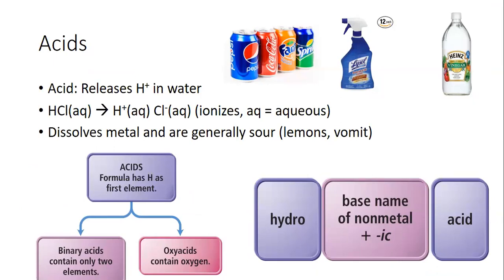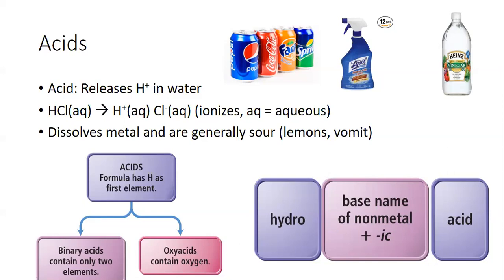Technically, you never release just an H plus, but that's more for later on in the semester, or Gen Chem 2. I'm not quite sure when we get to that. HCl is a very strong acid. It breaks down into H plus and Cl minus. That is, it ionizes. Basically, when you break down and make ions, that process is called ionization.